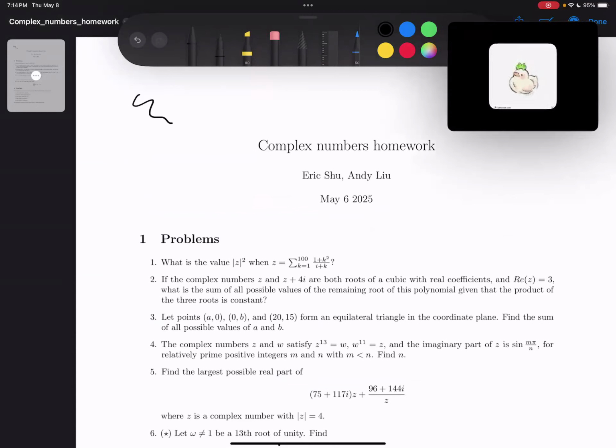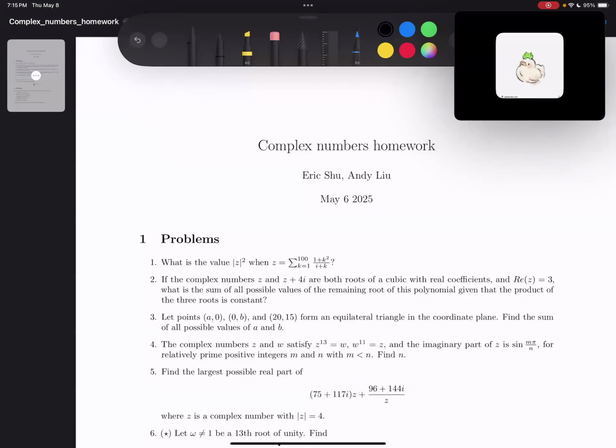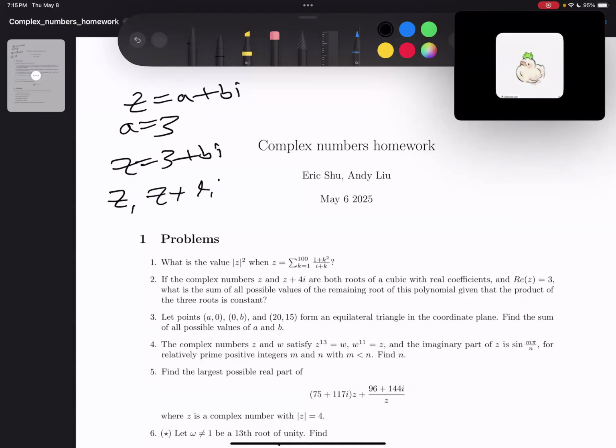Okay, so what I do is I write z as a plus bi, except we know a is 3. So z is equal to 3 plus bi. And so we have 3 plus bi and 3 plus b plus 4i. Those are the 2 roots, and we also know that it is a cubic.